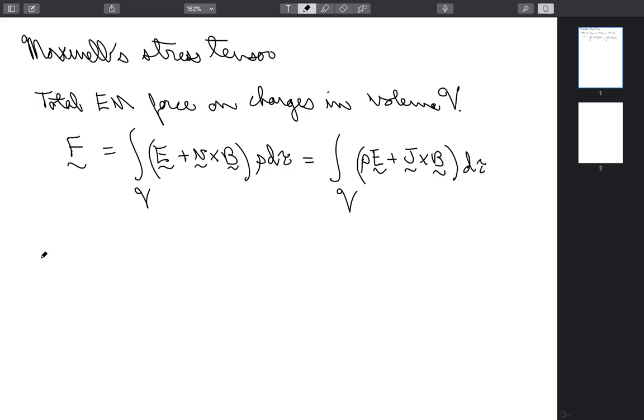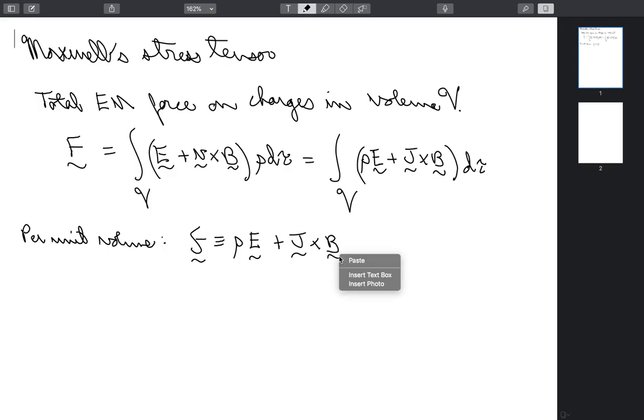Okay, so the force per unit volume, I'll write as little f. So this is just by definition rho times E plus J crossed into B.